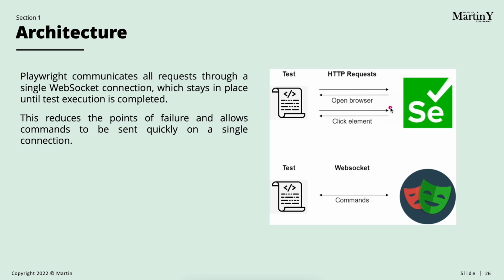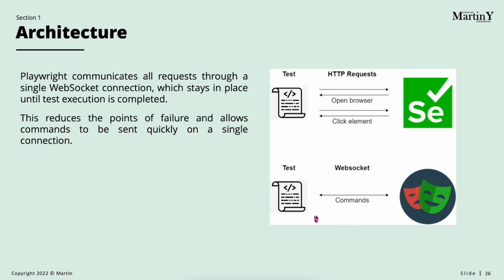So every interaction, such as opening a browser, clicking an element, or sending keys in Selenium, is sent as a separate HTTP request. As you can imagine, this definitely results in slower execution because we are waiting for responses, which introduces another layer of operation. So let's take a close look at what Playwright is doing instead.